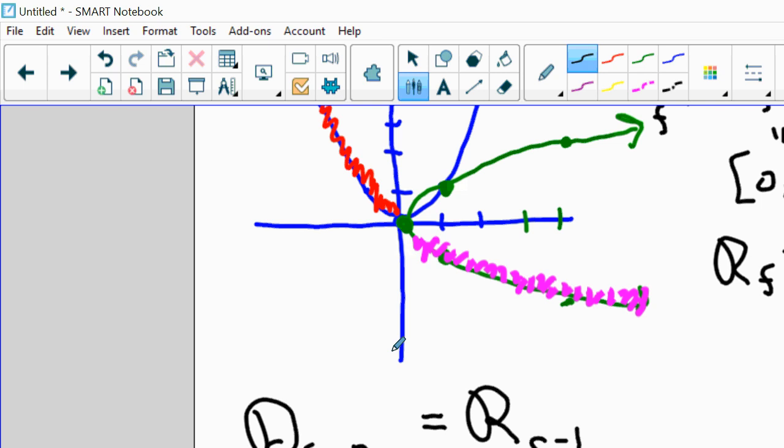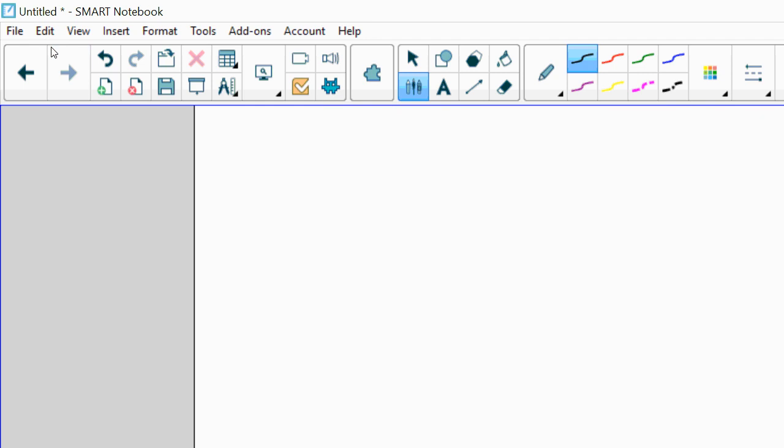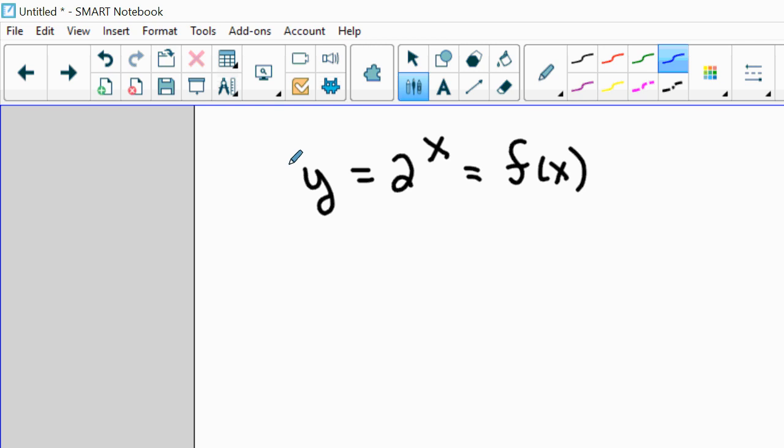Next, when you work with inverses, other weird things can happen, like the function y equals 2 to the x, which we will call f of x. You can make an xy table.